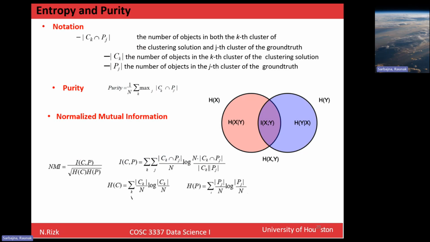So keep that in mind. As is similar for any probability density function, which should be obvious. And this is the standard term for entropy, which you have probably already learned in your previous classes because it's already in your exams. So this is the entropy of your cluster results, and this is the entropy of the ground truth. So let's look at how purity is calculated.